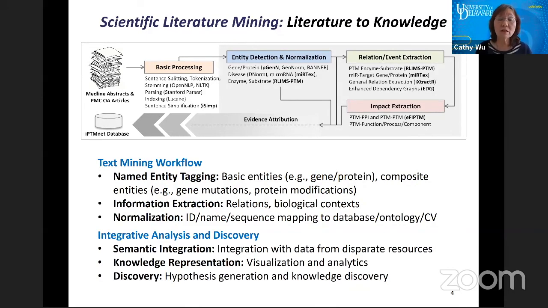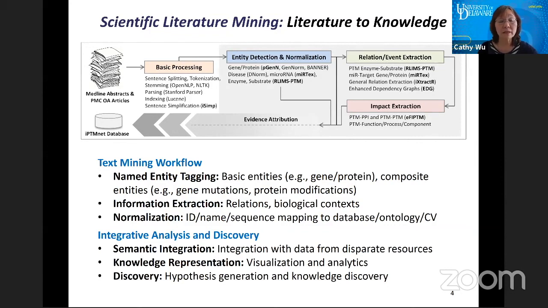And in order for us to integrate later on the knowledge gleaned from the scientific literature to other data sets, to large-scale data being generated, to, again, knowledge bases, we need to provide the mapping that we call the normalization, where we can map the ID, the name, the sequence, to databases, to ontologies and controlled vocabulary, because then all the different entities and relations can be connected in the semantic environment for us to do more interpretation.